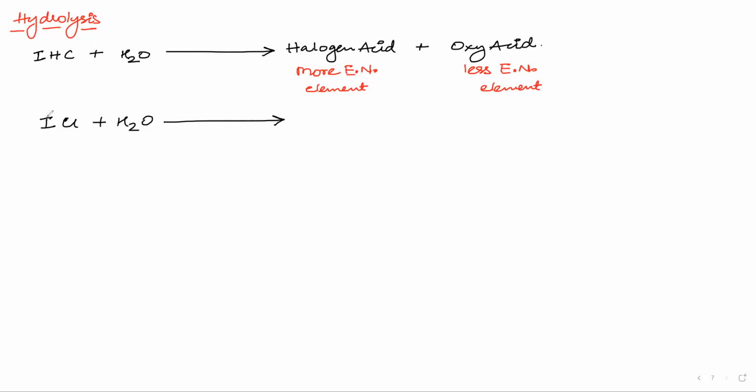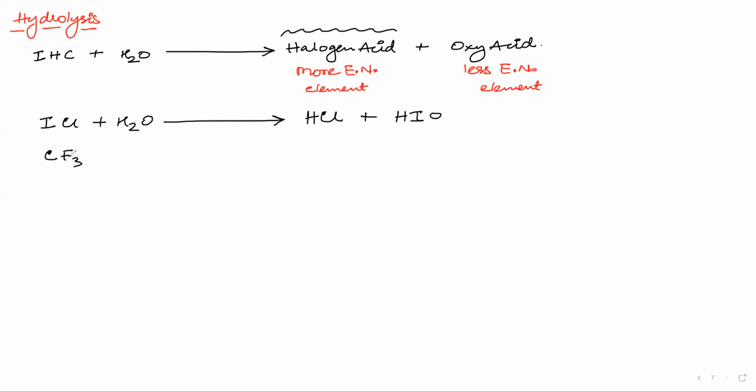Okay, tell me out of iodine and chlorine, which is more electronegative? Chlorine is more electronegative. So what will be the halogen acid of chlorine? Halogen acid means HCl. So it is HCl, plus you write HIO. Okay.